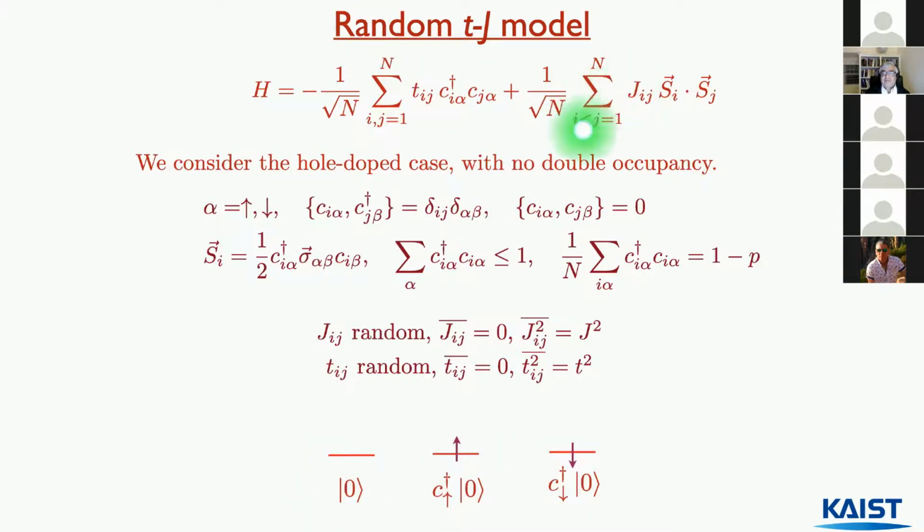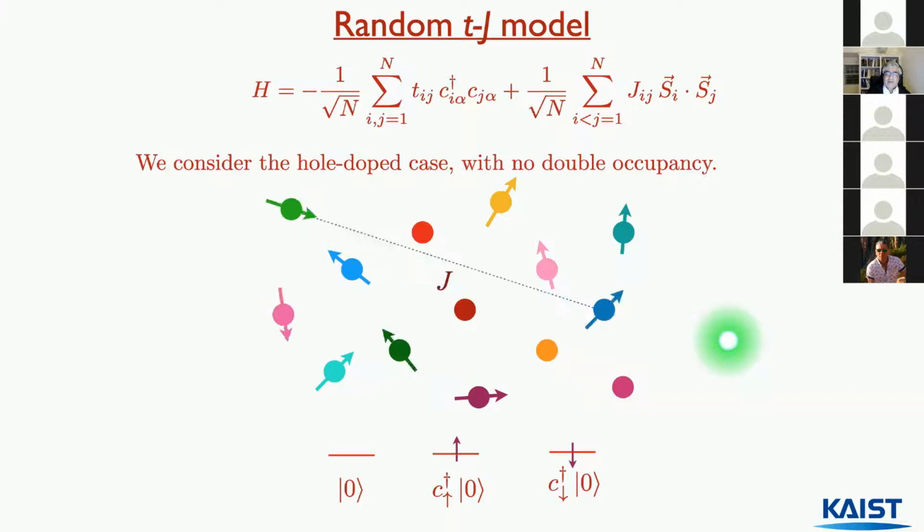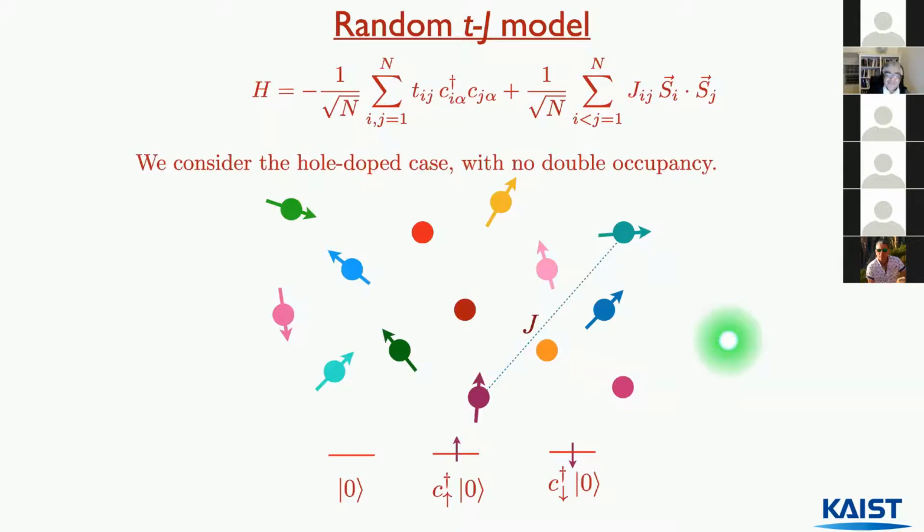If you want to see a picture, there's some bunch of sites with a bunch of electrons with the spins in different orientations, and the electrons can hop from any site to any other site with a random number t, and exchange spins between any pair of occupied sites with a random number J. Okay, so that's the model.